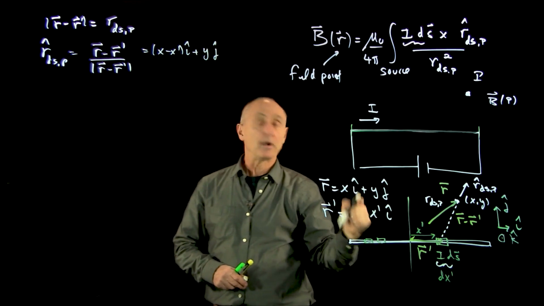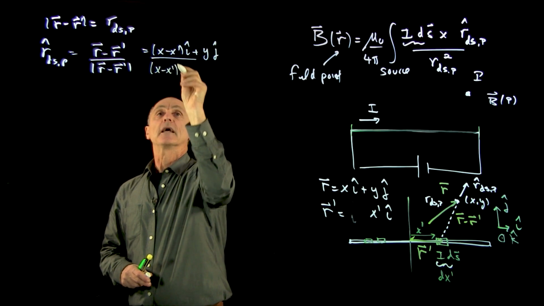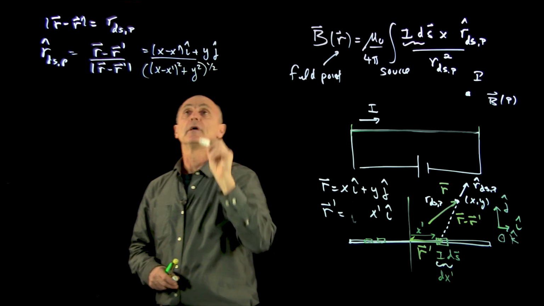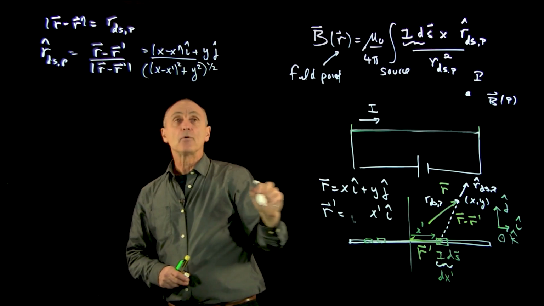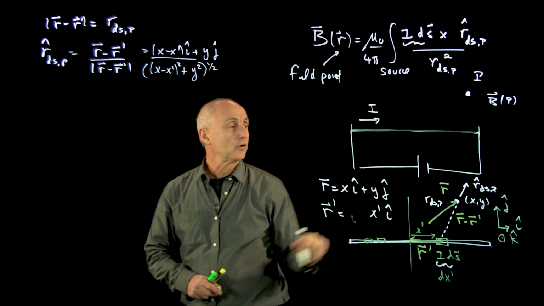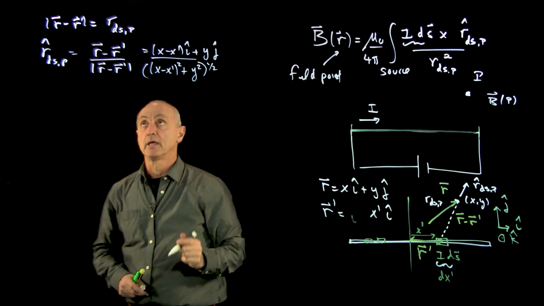That represents r minus r prime, and we use the Pythagorean theorem to get its length, the square root of x minus x prime squared plus y squared, to the 1/2. Now, you could have done all of this just with the Pythagorean theorem and vector decomposition. This is another nice way to do it.